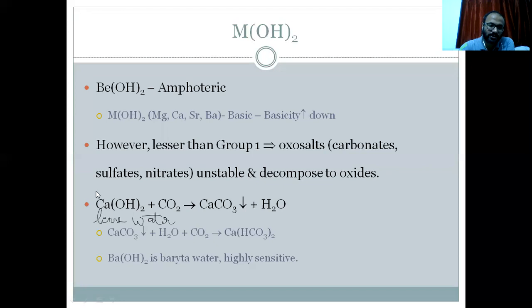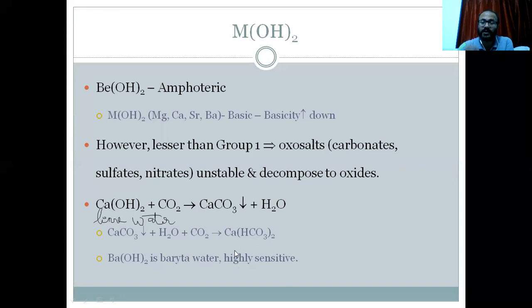Now, similar to lime water, there is another water called baryta water, that is Ba(OH)2. All the reactions are pretty similar. When carbon dioxide is passed through this baryta water, that is barium hydroxide solution, it also forms the corresponding barium carbonate, and you can detect the presence of carbon dioxide. But what happens here is that baryta water is highly sensitive.